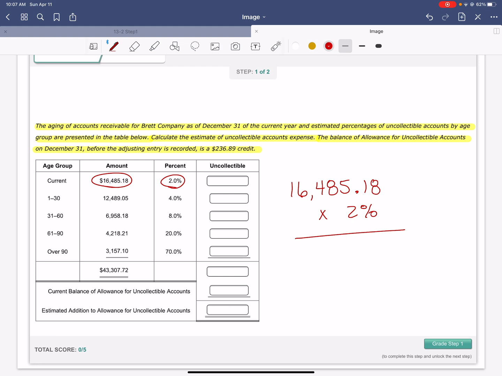So what you have to do is take $16,885.18 times 2%, and you should come up with $329.70.